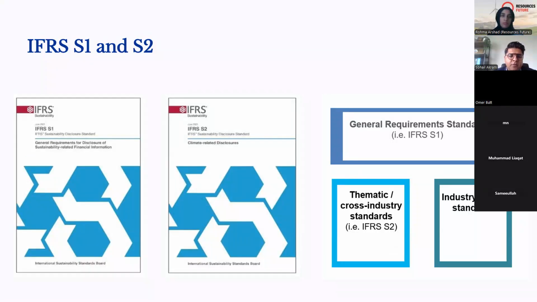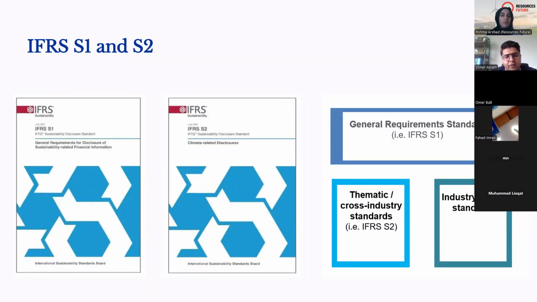And then ISSB will also issue industry-specific standards. They have not indicated what sort of standards those would be, but they have provided within their overall work plans that these standards would be under their consideration for development and issuance.